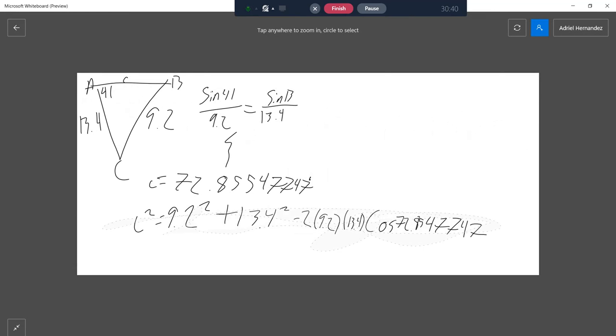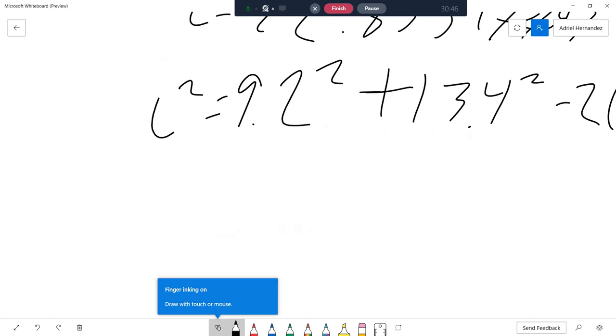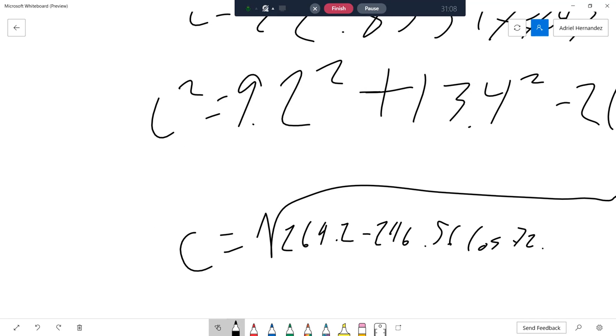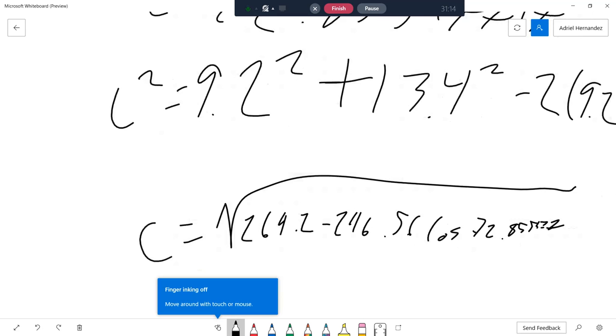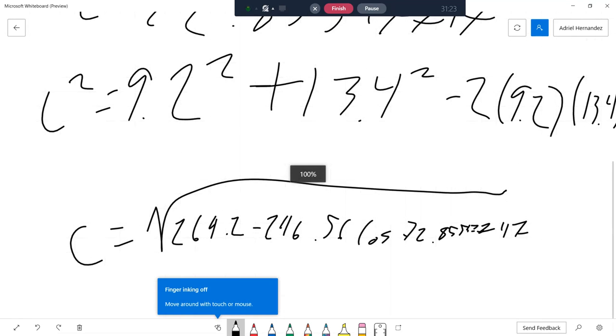You're going to want to simplify all that, and you should end up getting, unless I did it completely wrong, 46.56 cosine of 72.85547, 4-7, and that's pretty much going to be your answer.